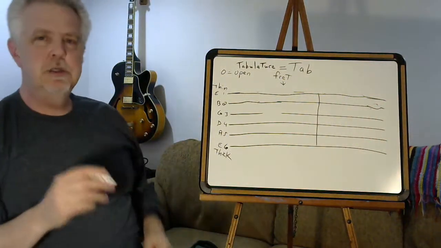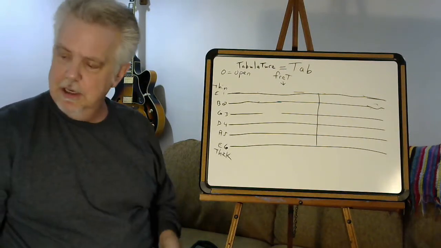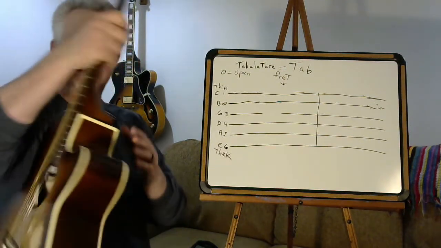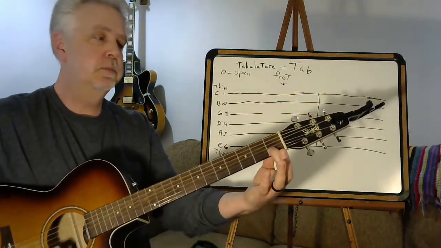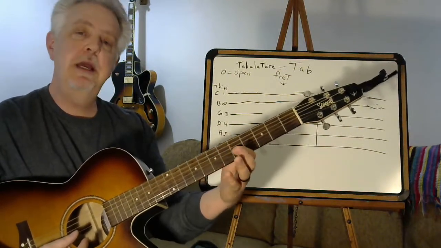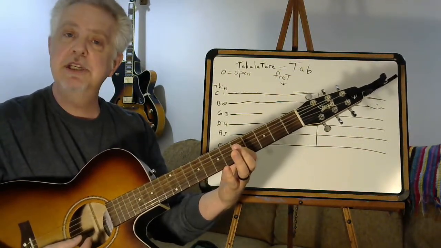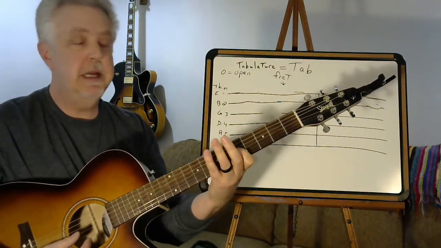One of the advantages of tablature is, say in standard notation, I might see the note C. Well, on the guitar, I can play the C here, but maybe they want you to play it here. This is the same note, but if I'm just reading standard notation, I can't tell the difference.